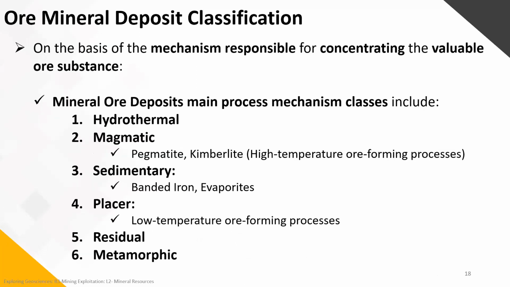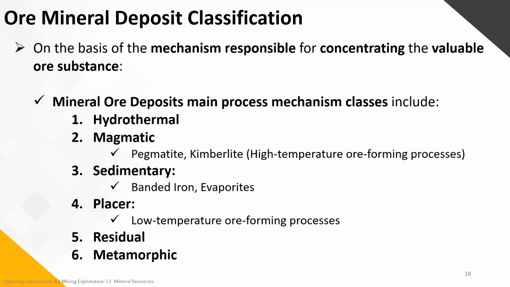The mechanism responsible for concentrating the valuable ore substance within a mineral deposit is separated into 6 main processes. These are hydrothermal, the ones that channel hydrothermal fluids. We have the magmatic process, which includes mainly the pegmatites and the kimberlites, which are formed at deeper depths and at higher temperature ore forming processes.